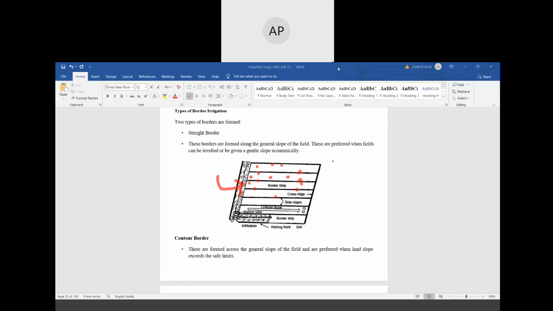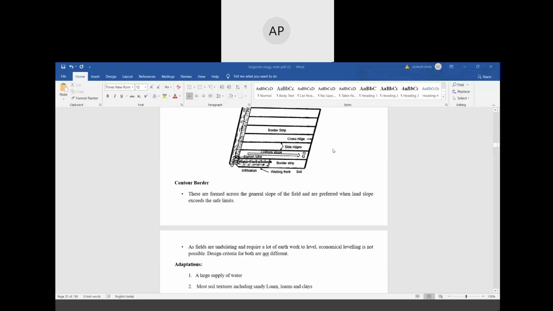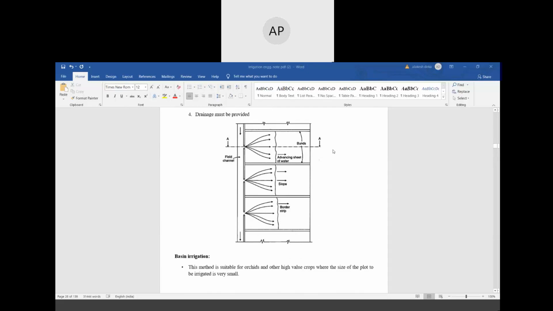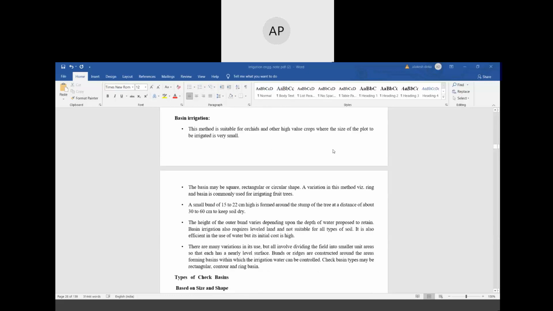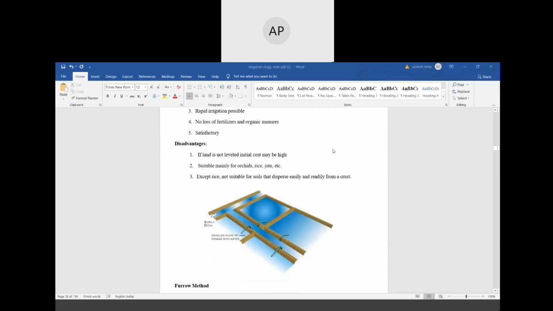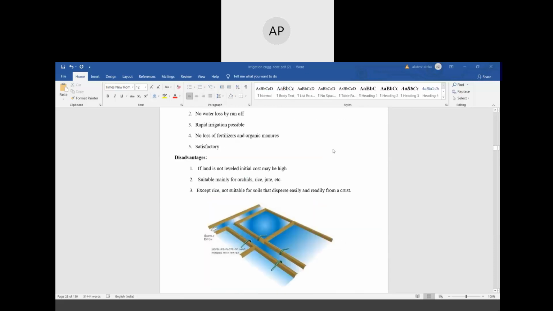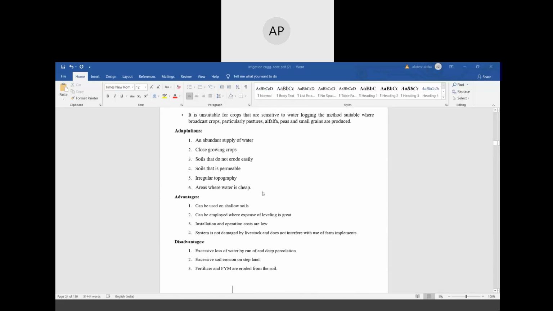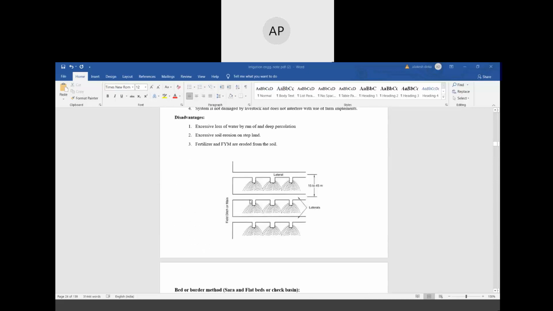In this figure you can see the flooding methods.